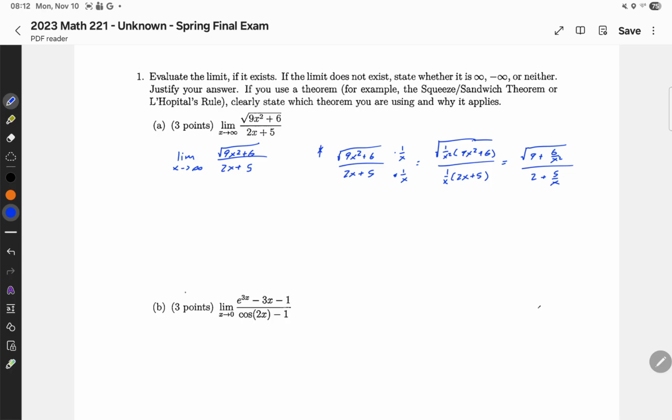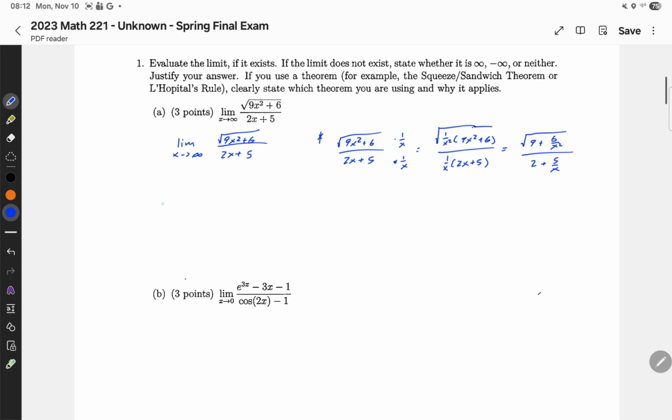over x. Because these are all equal, we can rewrite our limit as being equivalent to the limit as x approaches infinity of the square root of 9 plus 6 over x squared, all over 2 plus 5 over x. Awesome.